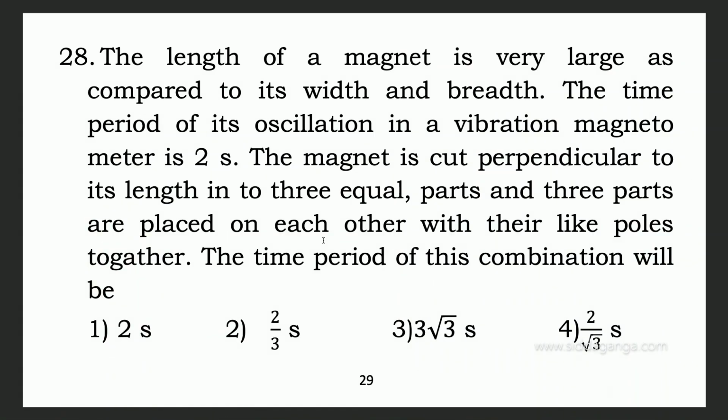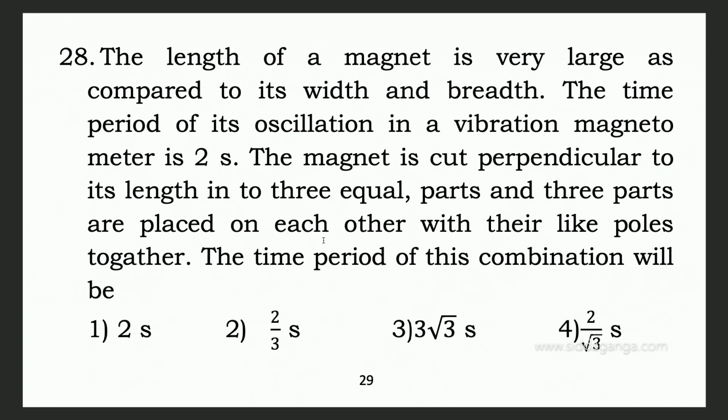The length of the magnet is very large as compared to its width and breadth. The time period of its oscillation in a vibration magnetometer is 2 seconds. T is 2 seconds. The magnet is cut perpendicular to its length into 3 equal parts, and the 3 parts are placed on each other, all the 3 one above the other.